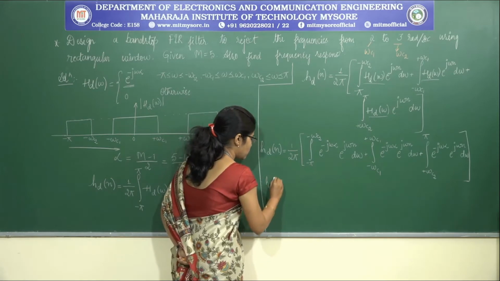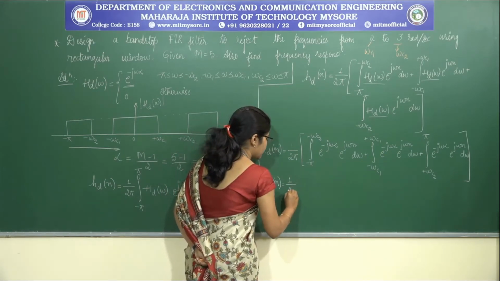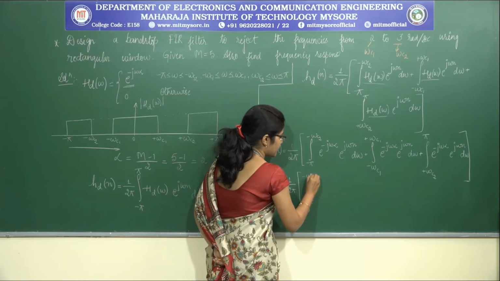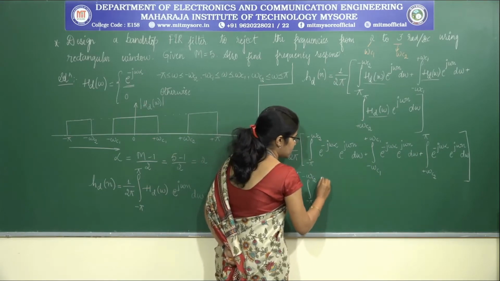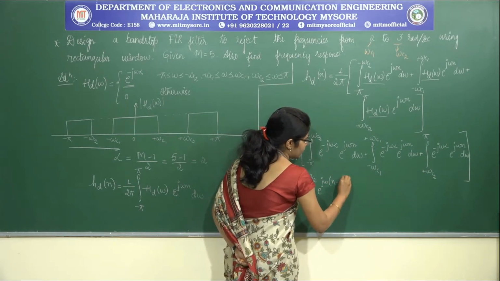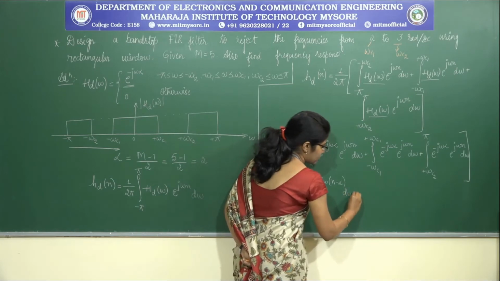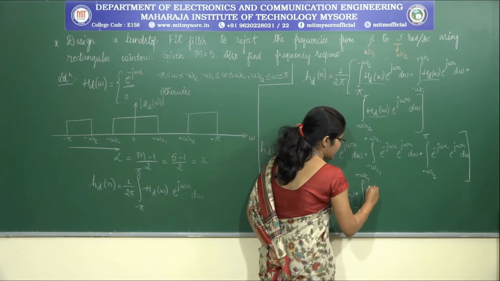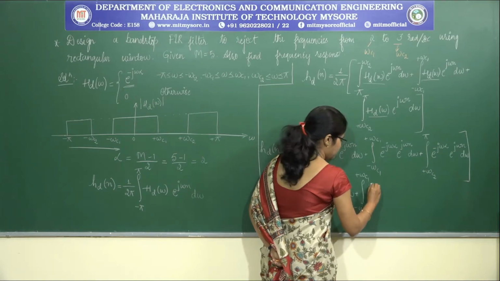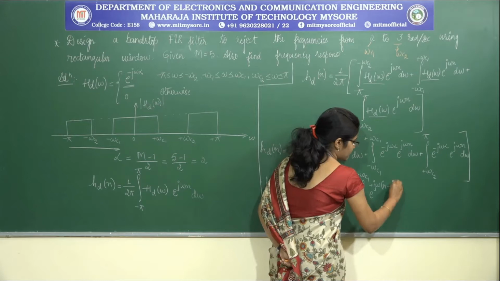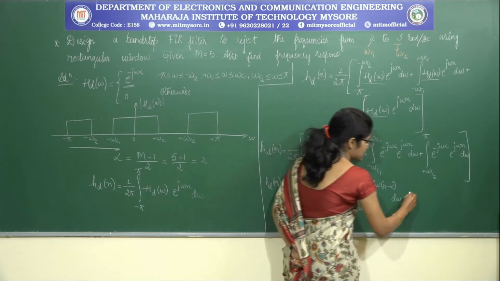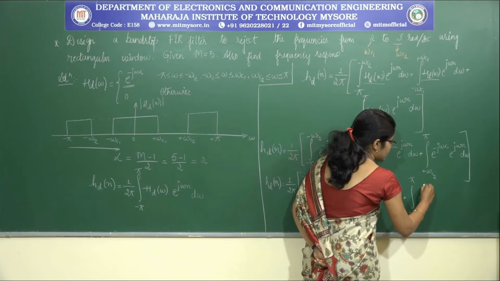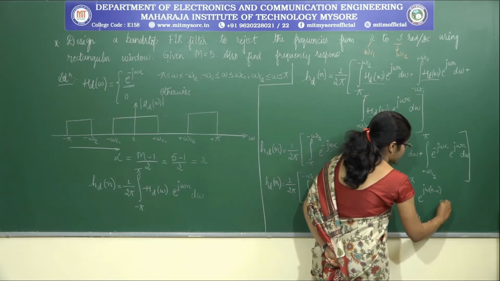Therefore, hd of n will be equal to 1 divided by 2 pi, integral from minus pi to minus omega C2 e power j omega (n minus alpha) into d omega, plus integral from minus omega C1 to plus omega C1 e power j omega (n minus alpha) into d omega, plus integral from plus omega C2 to pi e power j omega (n minus alpha) into d omega.